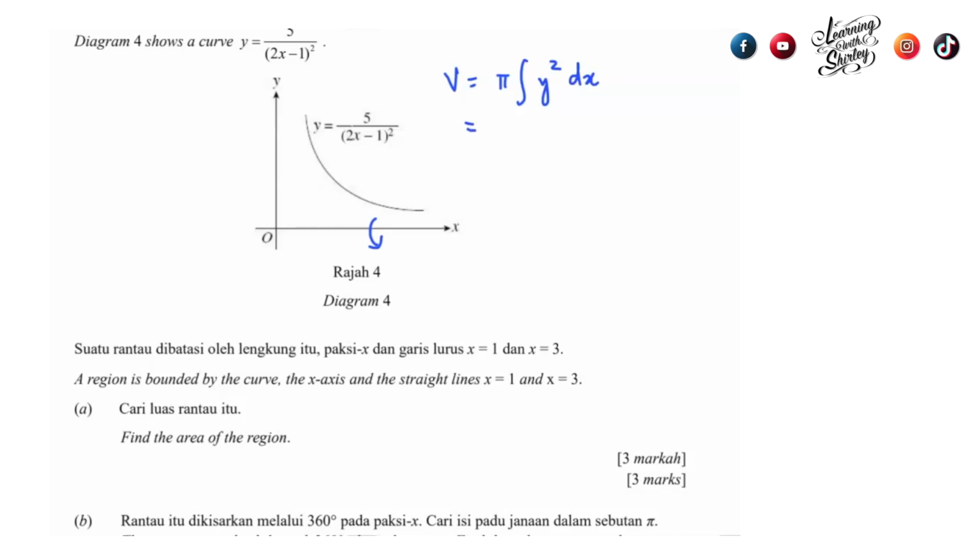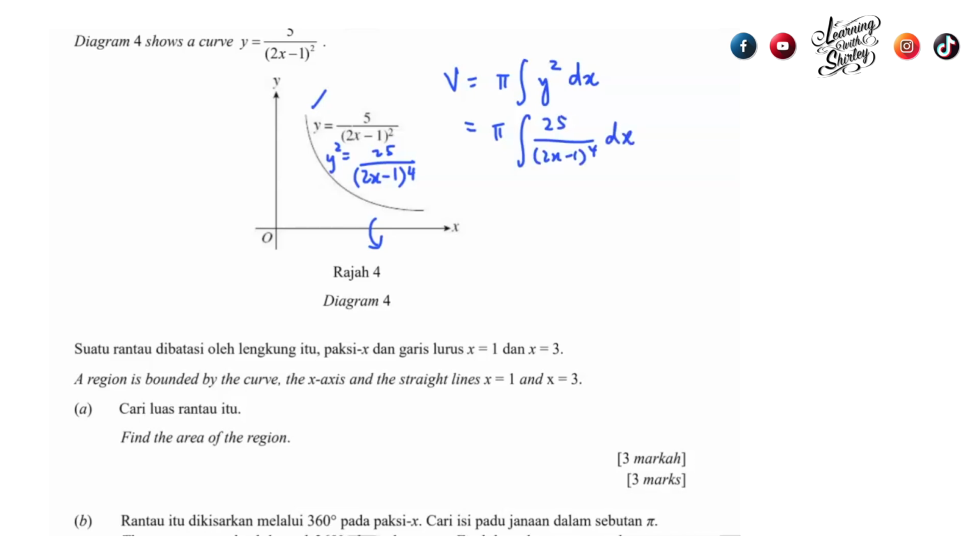What is y squared? The y given in the question is this, so we have to square both sides. 5 squared is 25, and the denominator 2x minus 1, squared, means power 4. So this will be 25 over 2x minus 1 power 4, dx.